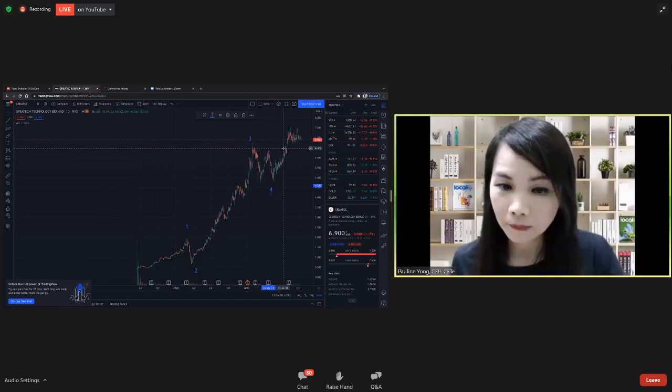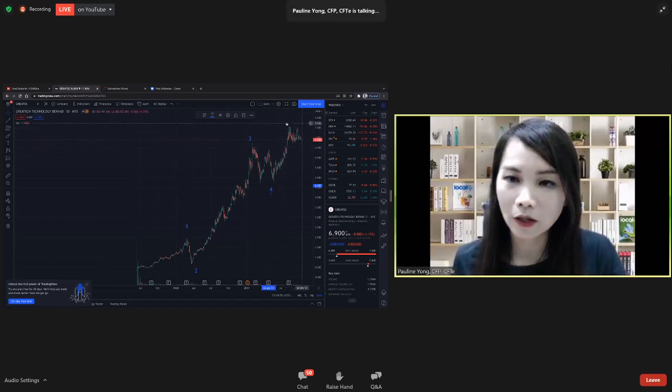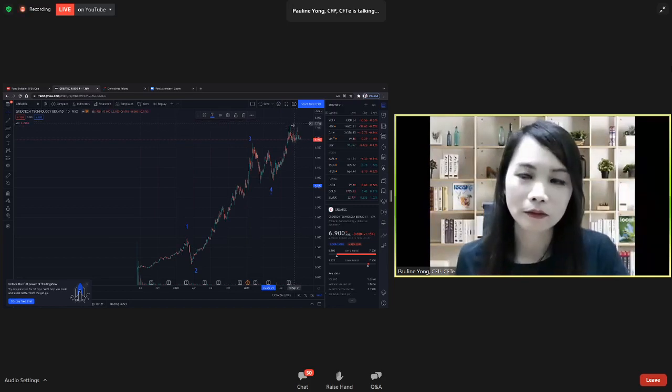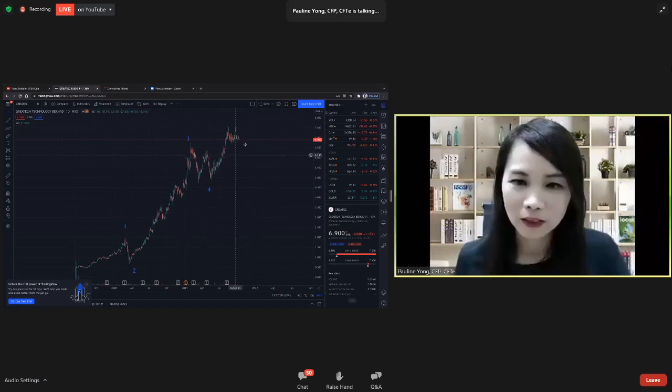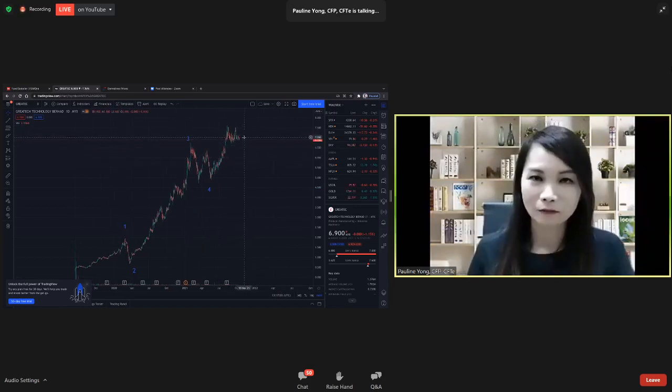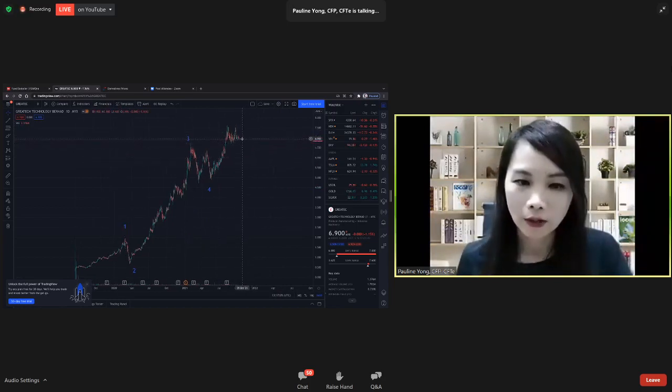So that means that we are now looking at a possible wave number 5. Although this particular stock is a favorite stock, we can look at it as a 5 here, and then we should look at ABC.